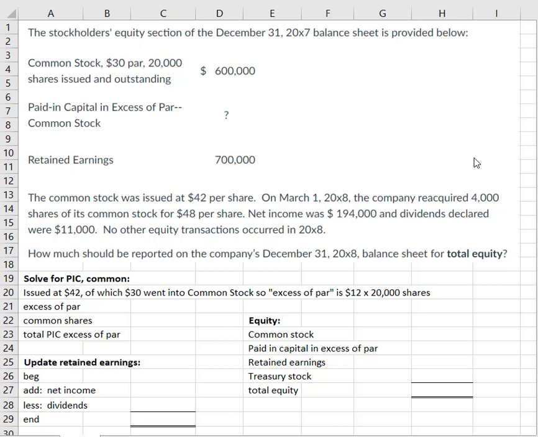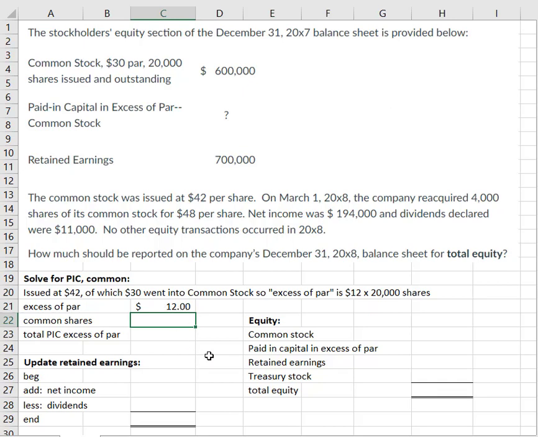So the $42 that was received as a capital contribution had to be split into two piles: the $30, and the part of the $42 that's above $30, called in excess of par. So that $12 above par had to go into the paid in capital in excess of par common stock account.